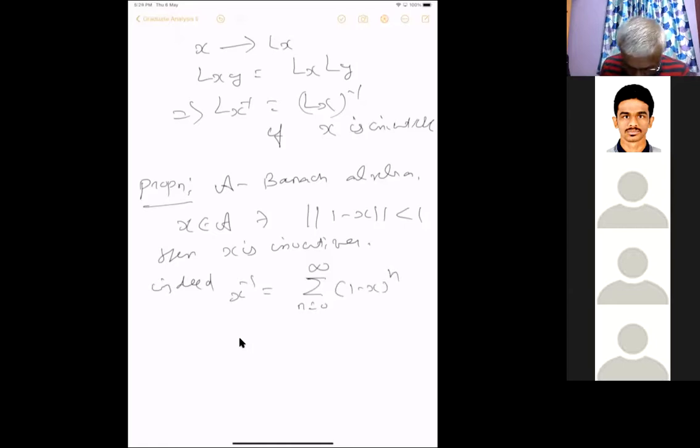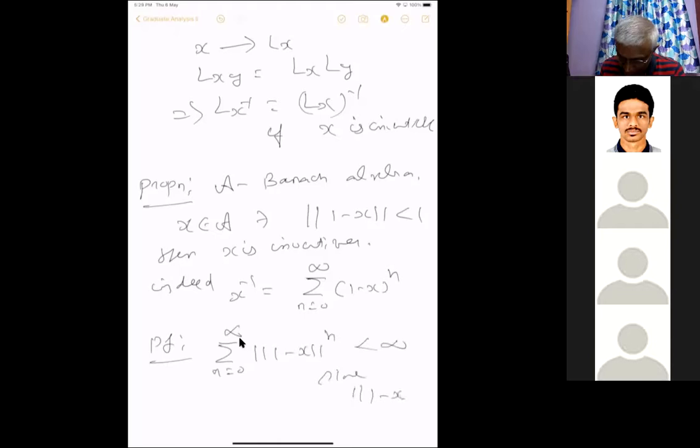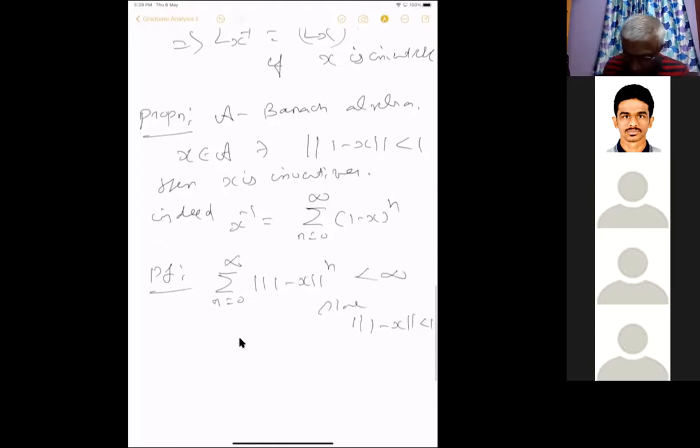So the proof is direct. The series, the summation from n equals 0 of (1 minus x) to the power n, is finite. This is a geometric series. Since the norm of 1 minus x is less than 1, this exists. Since A is a Banach space, the summation from n equals 0 to infinity of (1 minus x) to the power n exists.